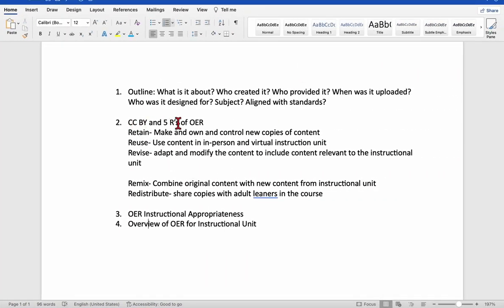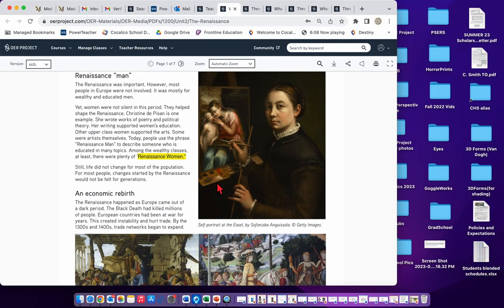So here we go. We got the 5 R's of OER going on: retain, reuse, revise, remixing, and redistributing this OER. It is instructionally appropriate for the high school level, and definitely aligned with these standards as well.